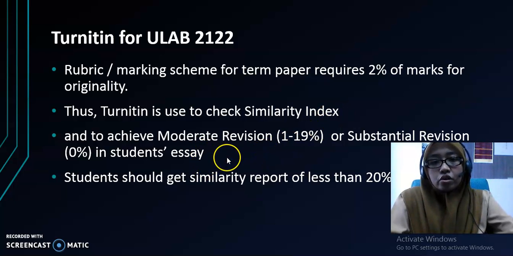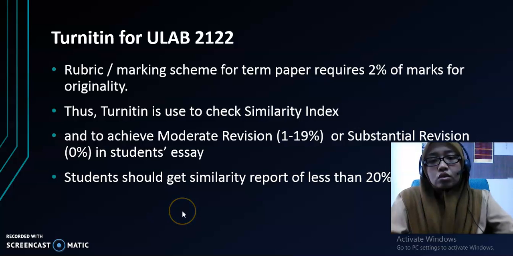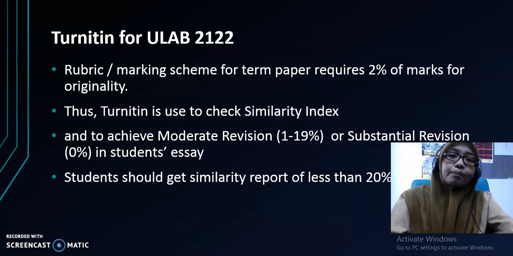To achieve moderate revision, 1 to 19% is acceptable, or substantial revision, 0% in students. I say it will be the best if you achieve 0% for your similarity index. Students should get a similarity report of less than 20%. Okay.